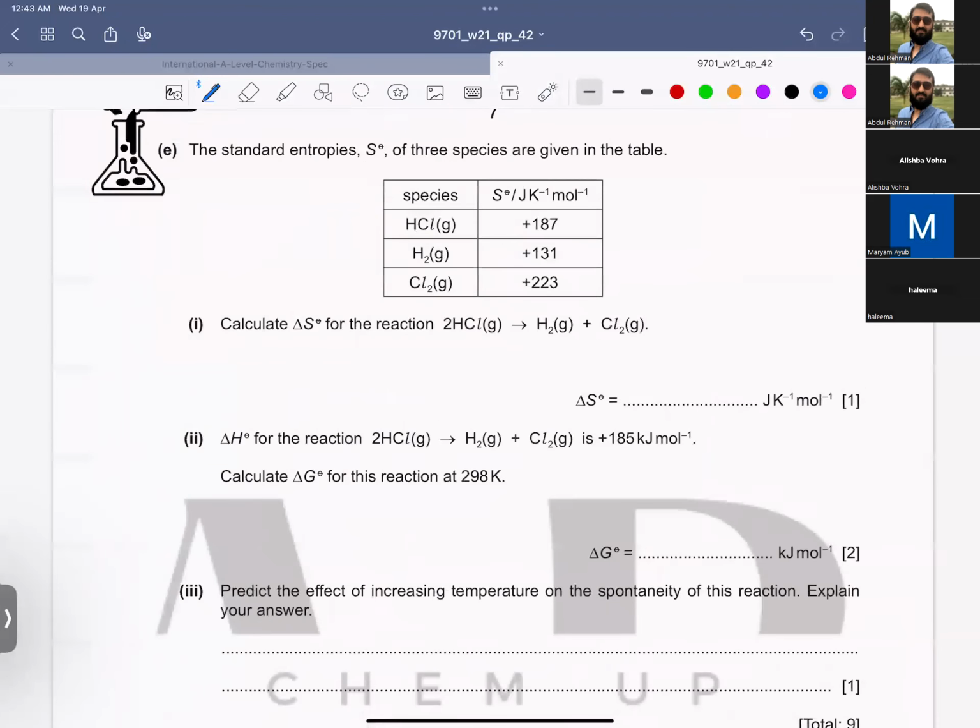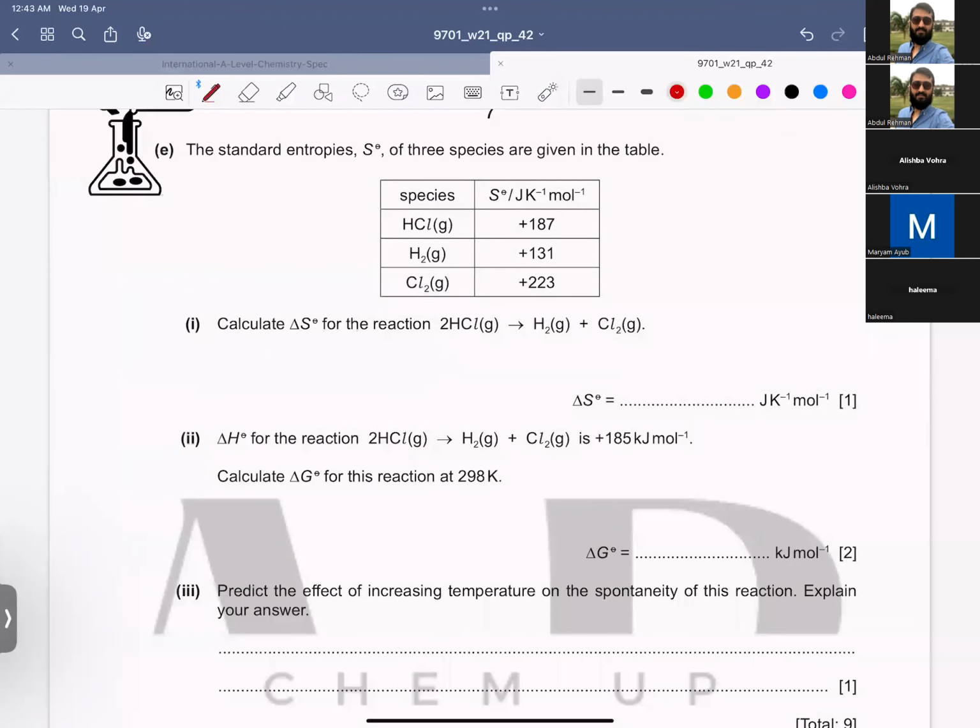Now part E. The standard entropies S naught of the three species are given in the table. Calculate the change in entropy for the reaction. We have this reaction over here.